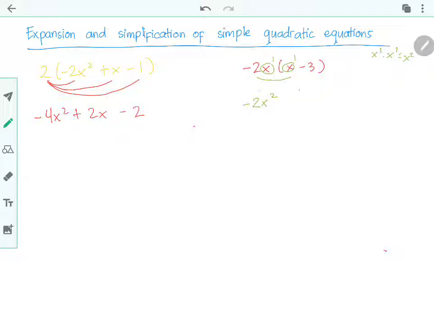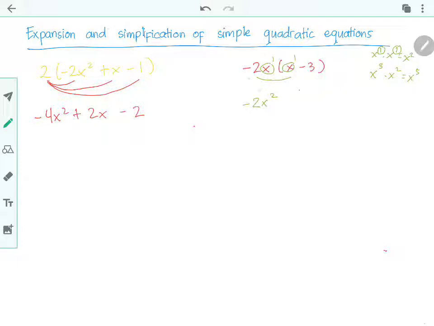It's from 1 plus 1, so we just add the exponent. The same thing here, if I have x to the power of 3 times x to the power of 2, then it means x to the power of 3 plus 2, or x to the power of 5. Now let's go back to the question again.